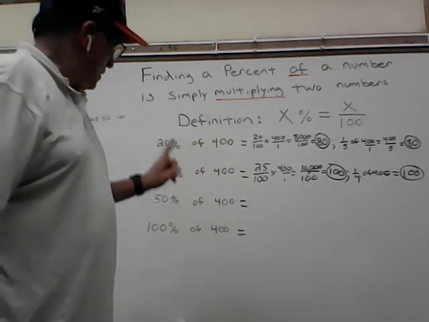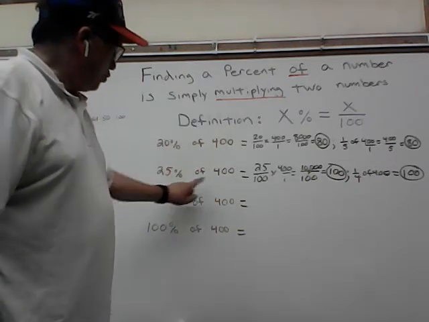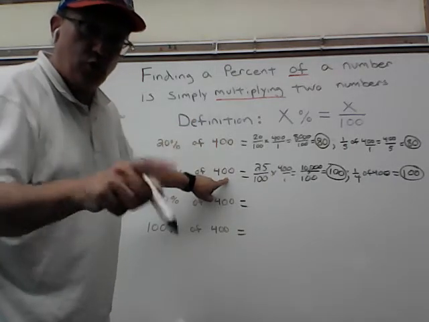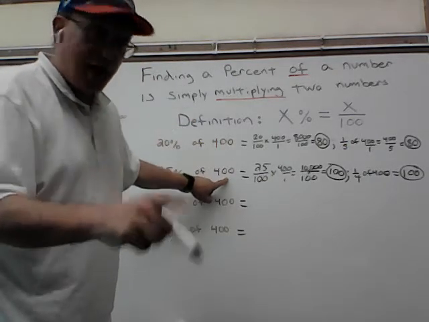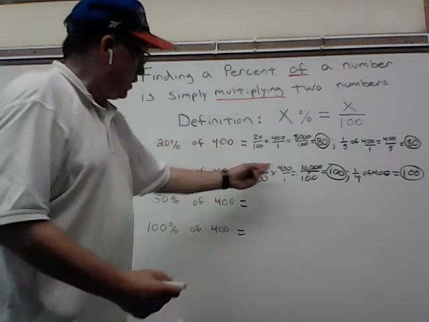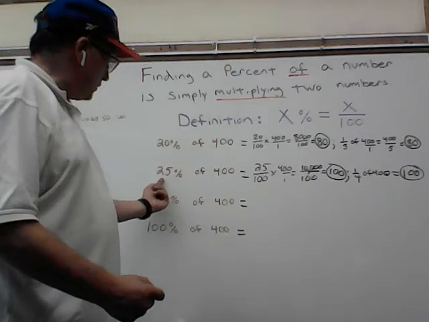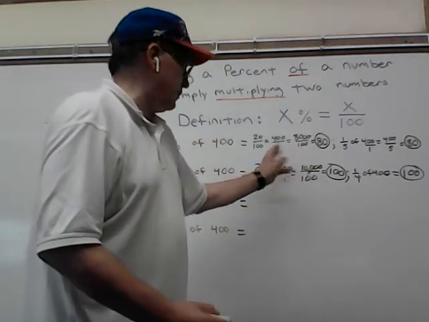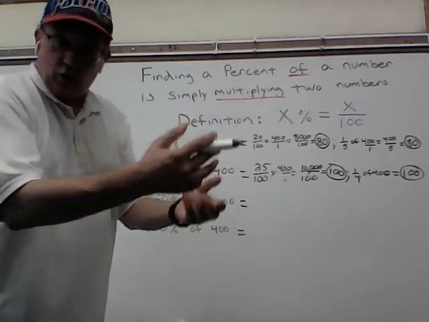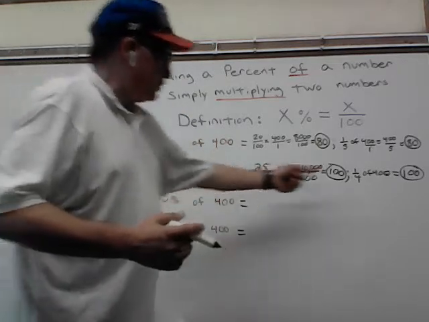All right? Once again, to find 25% of 400, you do not divide 400 by 25. You multiply 400 by 25 over 100 because that's what this is. And you get some big numbers, which eventually you get 100. If you want to take the shortcut, realize that 25% is 1/4.